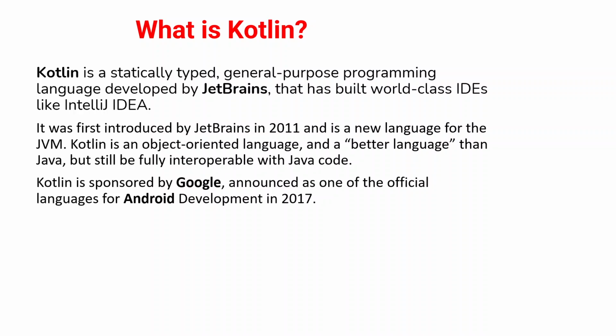That means we can also use Java with Kotlin. Kotlin is sponsored by Google, announced as one of the official languages for Android development in 2017. That means Google already said that Kotlin is an official language.